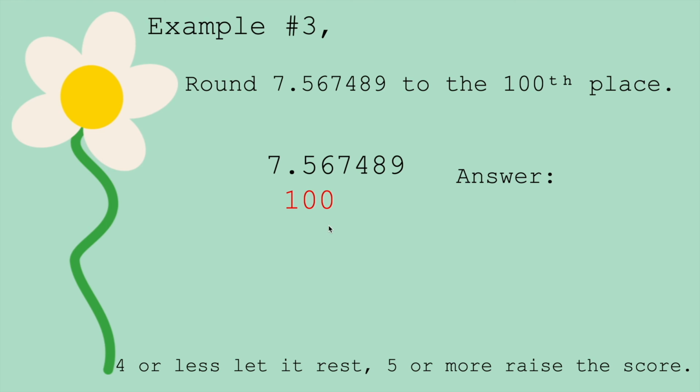We're going to raise the score of 6 by 1. Remember that you're only going to raise it by 1. So if it's 6, you're going to raise it to 7. The number that we're changing is 6, right? And 7 is telling us to raise the score, which means that our answer is going to be 7.57.